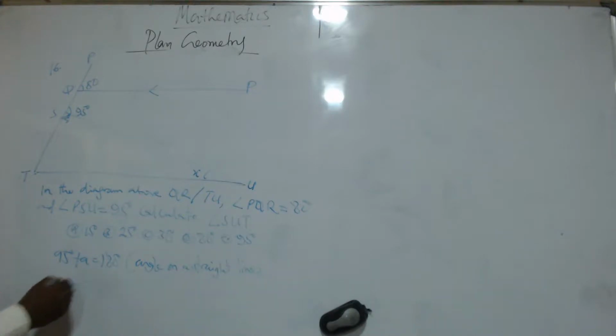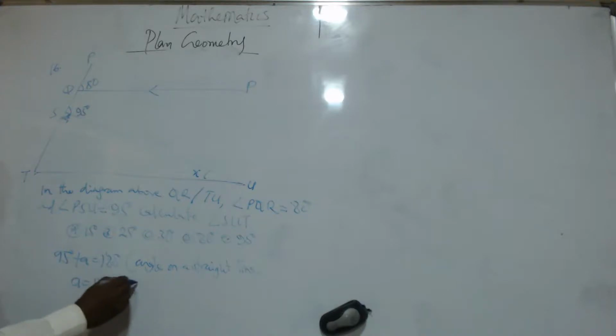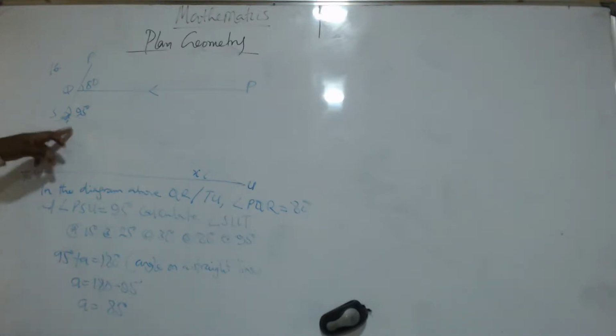So A equals 180 minus 95. So A will give us 85 degrees. So our A is this.